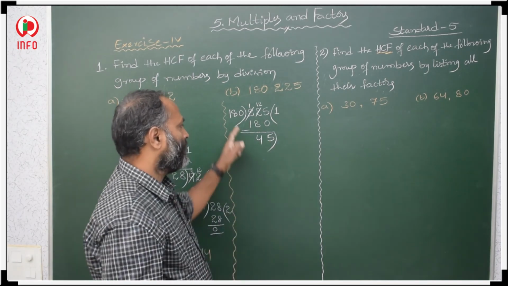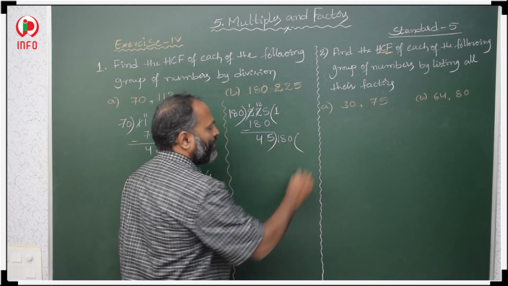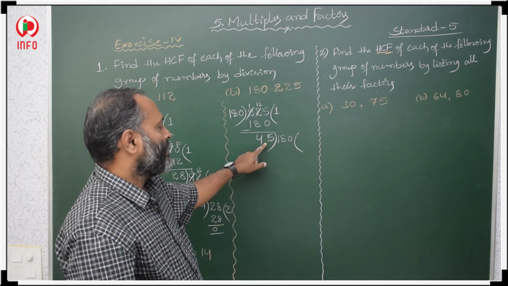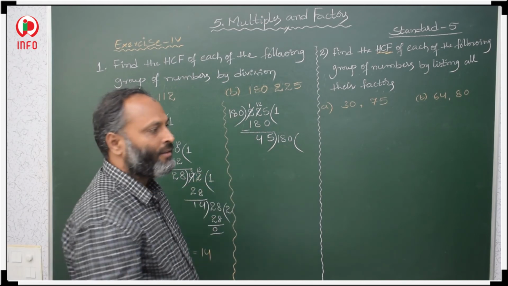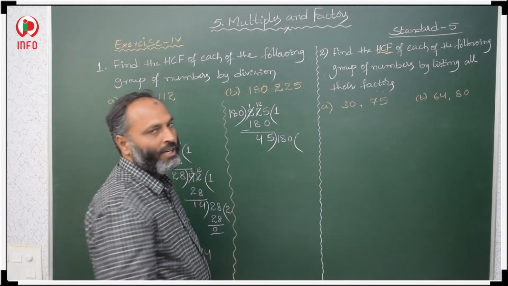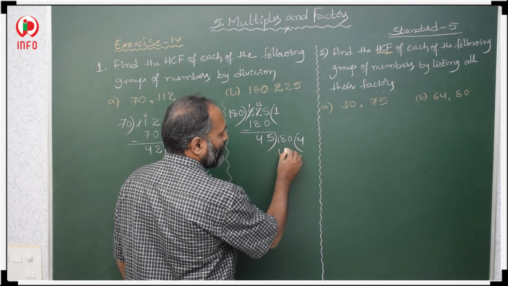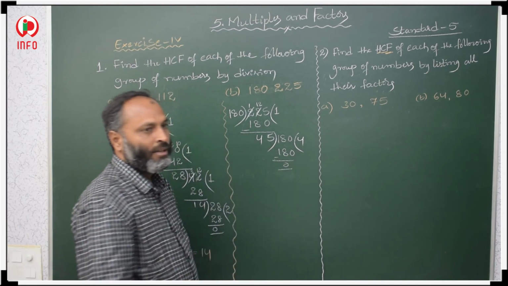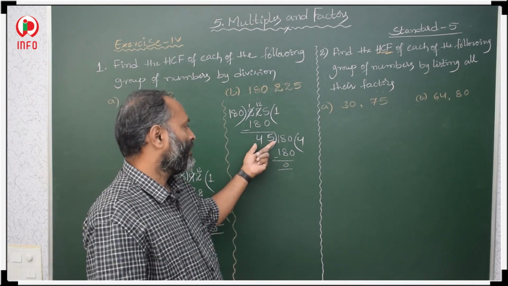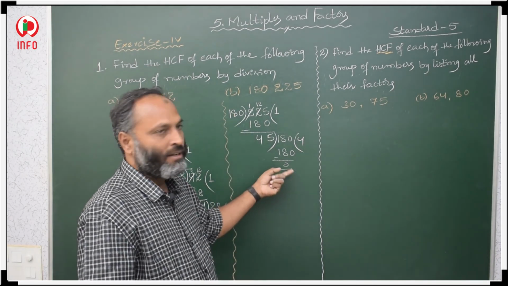The first remainder, 45, becomes the divisor and the first divisor is the dividend. Then in the 45 table, when do you get 180? 45 fours are 180. The same number minus the same number is 0. So when the remainder 45 divides the first divisor, our remainder is 0.